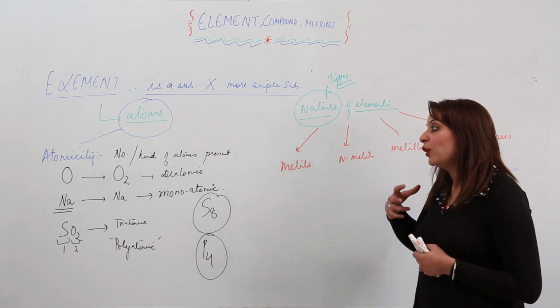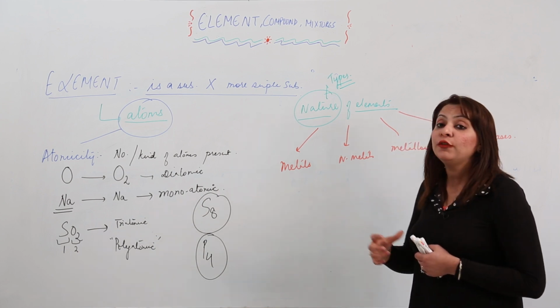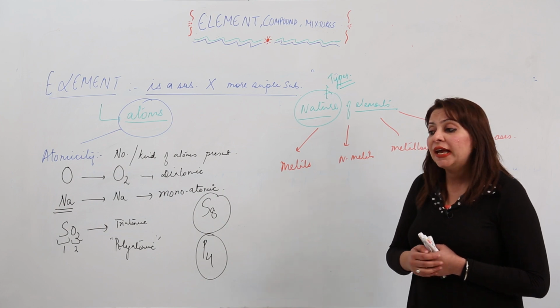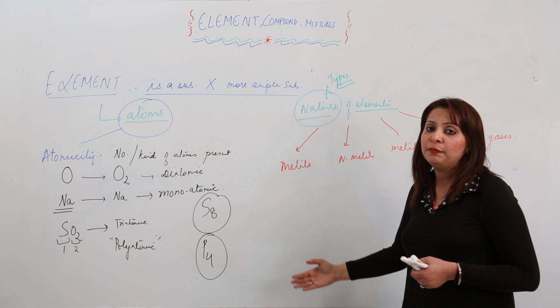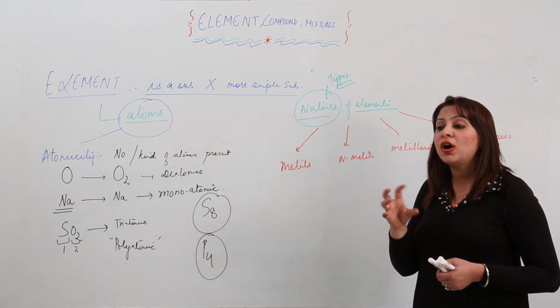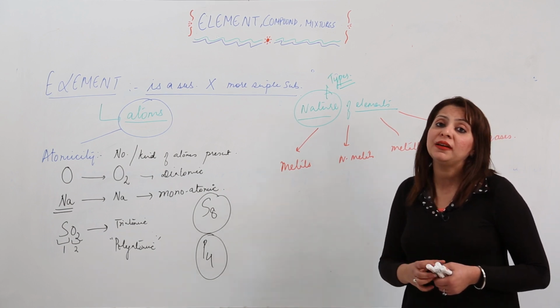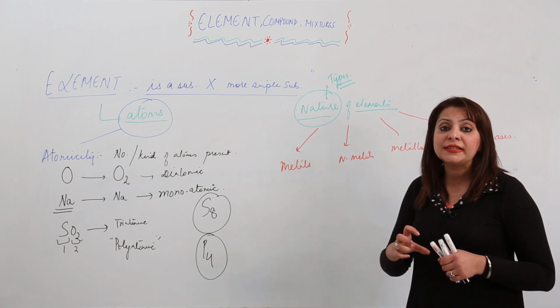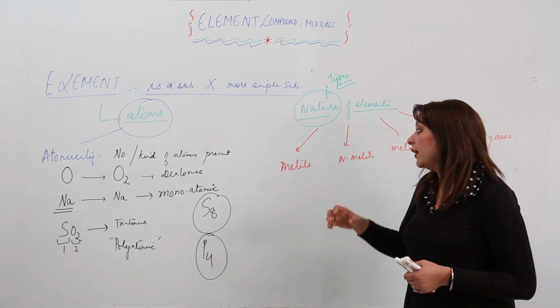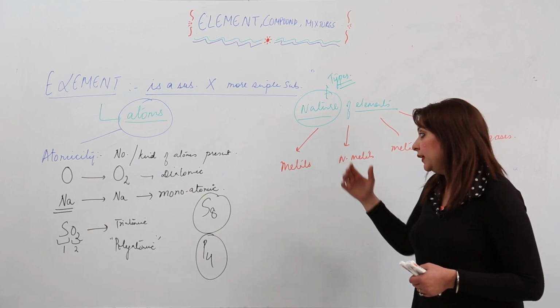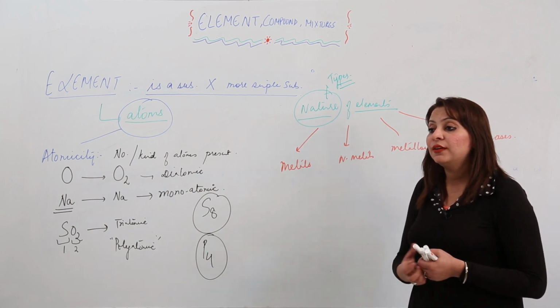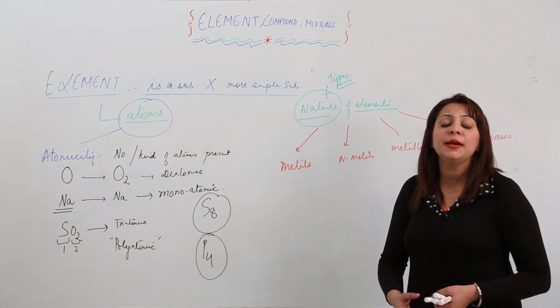So what actually the properties are, and what kind of exceptions we get to see, like if some element comes under the class of metals but still shows a certain kind of difference. What are those metals which show some exceptional behavior when compared with the rest of the metals, and what is the basic difference, that they are still kept in the same category?